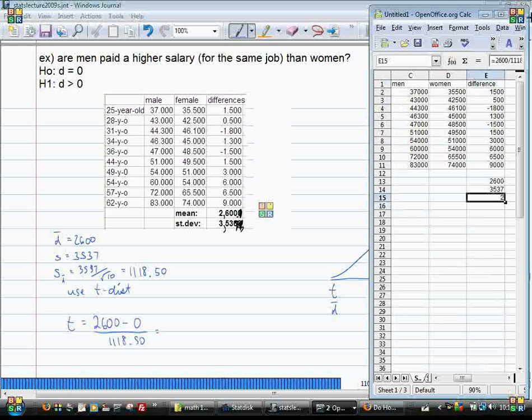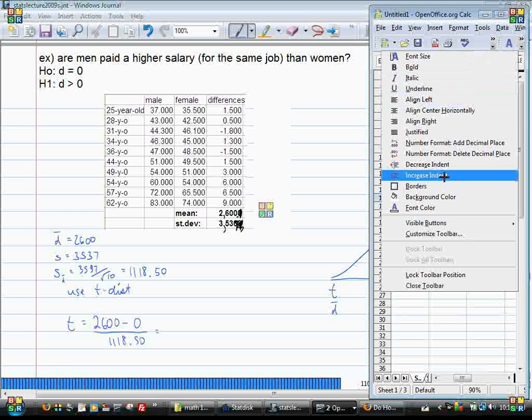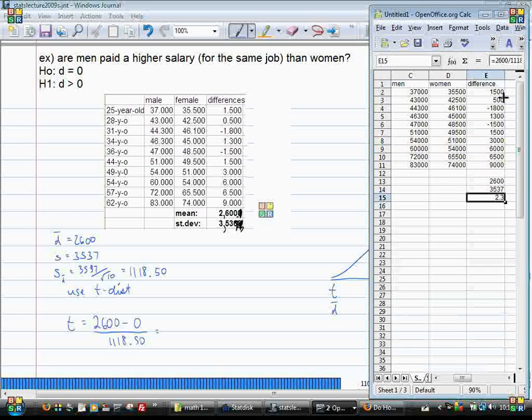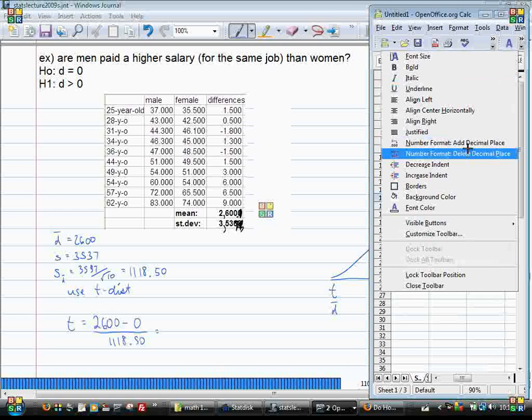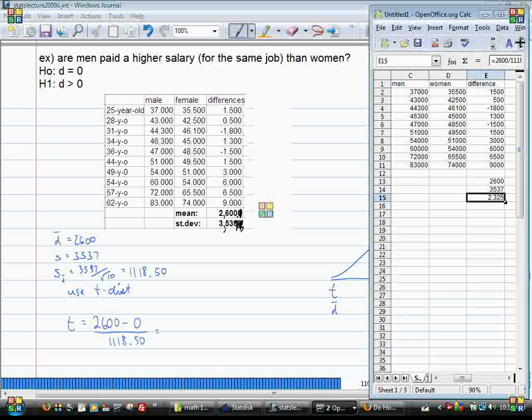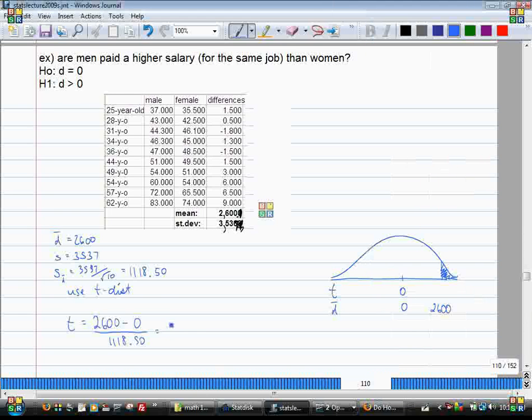You get 2.3245. Okay. So we could fill that in on the picture.